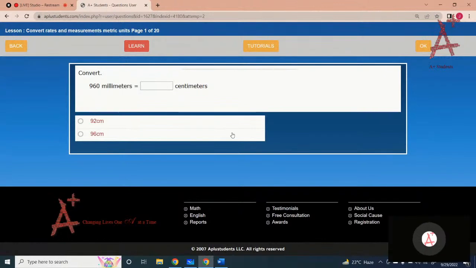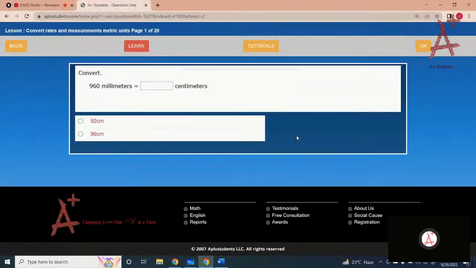So 960 millimeters equals how many centimeters? You have to convert from millimeters to centimeters. We know that in 1 millimeter we have 10 centimeters. Got it?